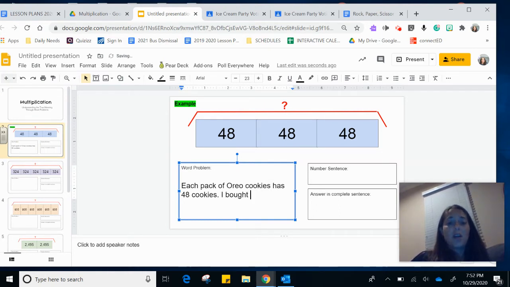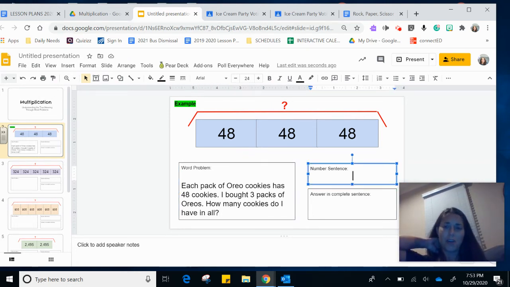I bought three packs of Oreos. So that right there is explaining the image. Each pack of Oreo cookies is 48 cookies. I bought three packs of 48. So my question is simply going to be, how many cookies do I have in all? Question mark. I'm going to have the situation and the question.